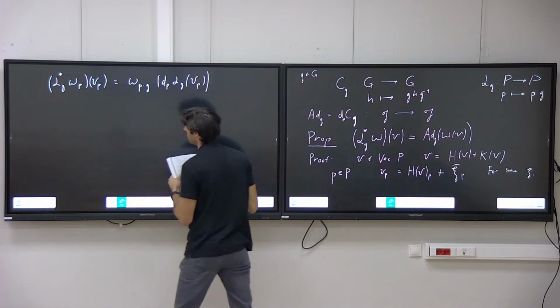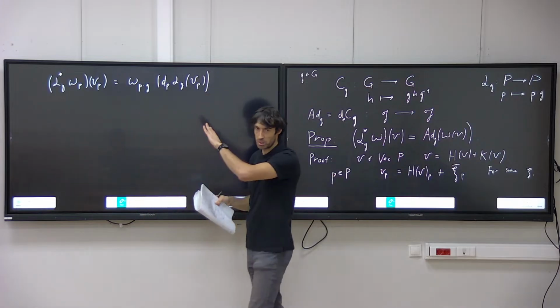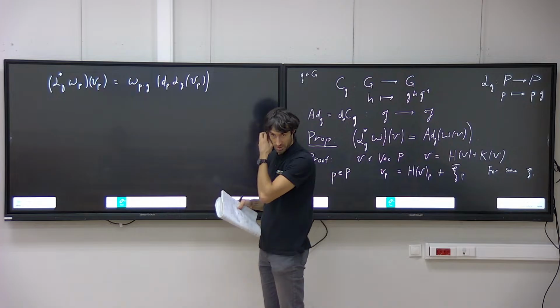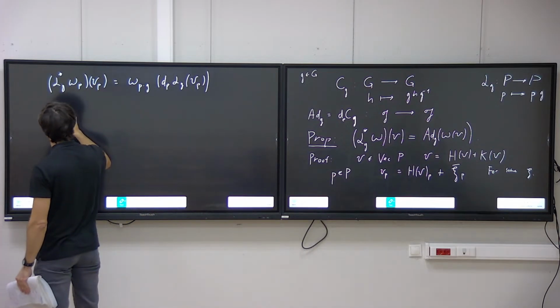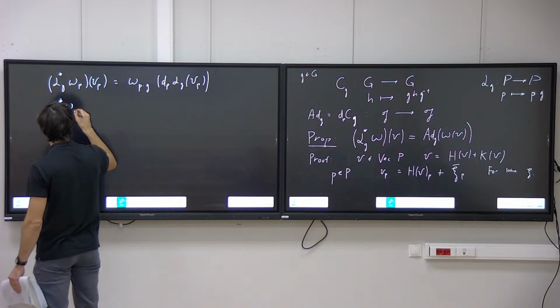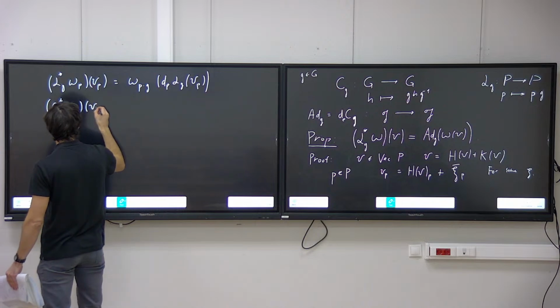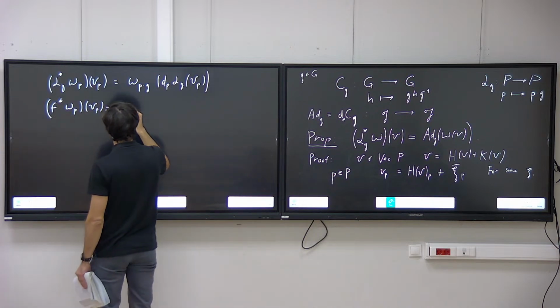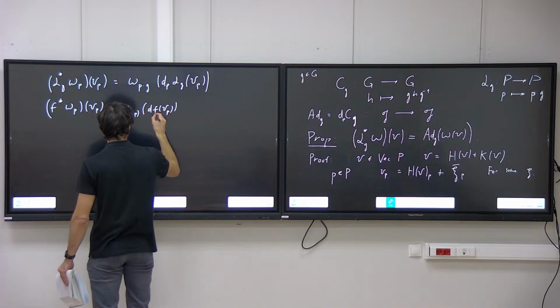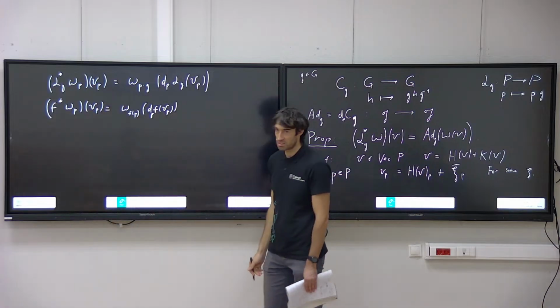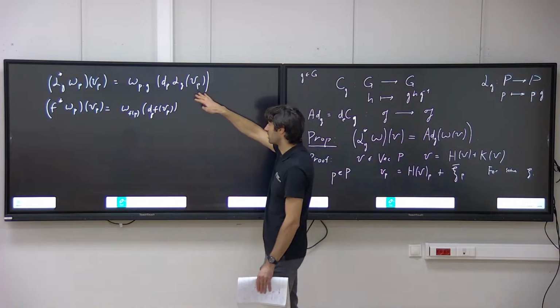This is just the definition of pullback: if I have some F, then F star of omega at P on V_P is exactly omega at F of P applied to dF of V_P. Nothing else.